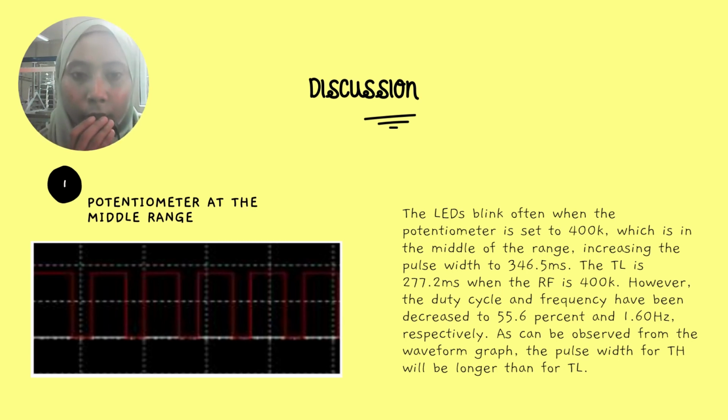However, the duty cycle and frequency have decreased to 55.6% and 1.60 Hz respectively. As can be observed from the waveform graph, the pulse wave for TH is longer than for TL.